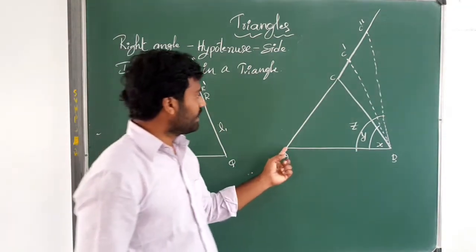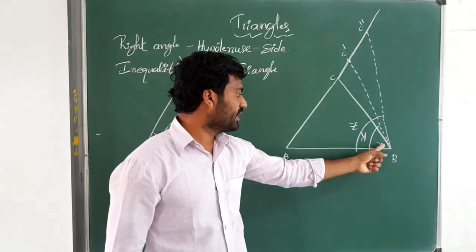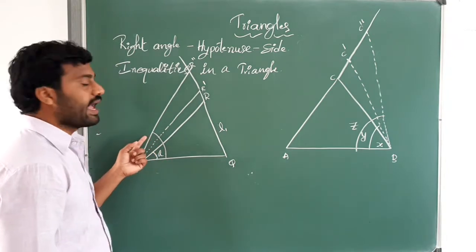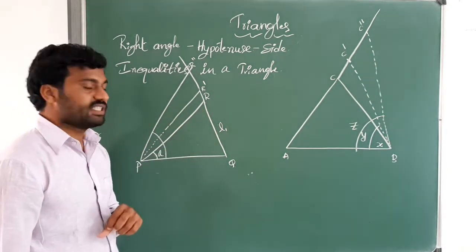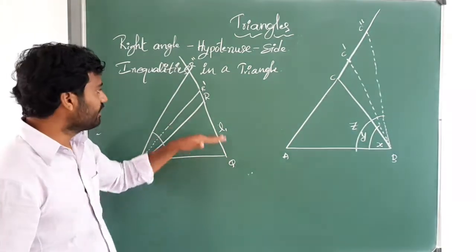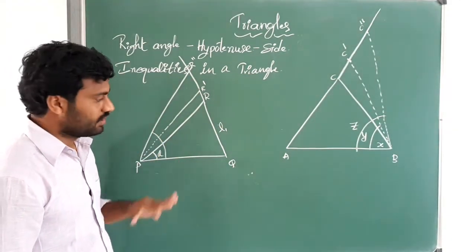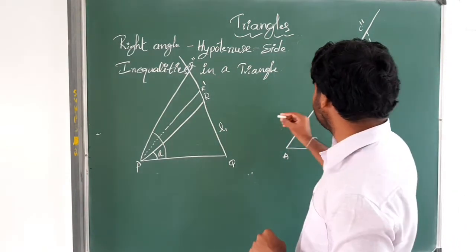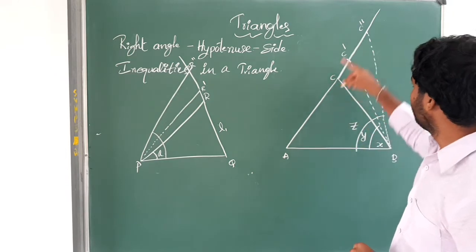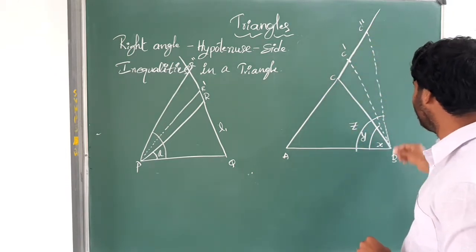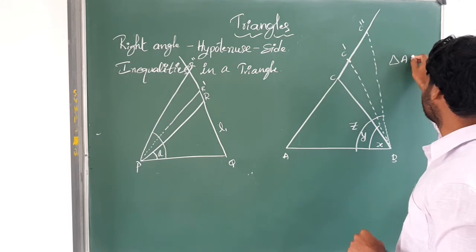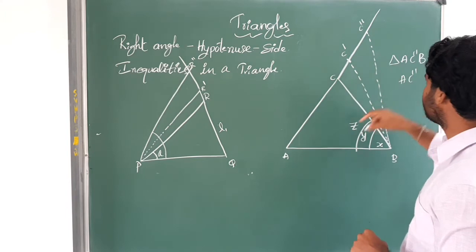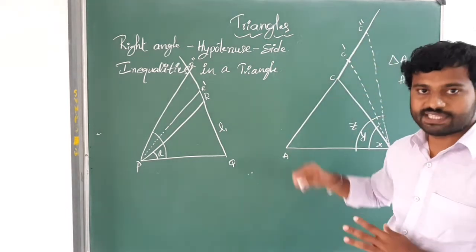So, if you are increasing the length, then automatically their opposite angle will increase. If you are increasing the angle, automatically their opposite side will increase. Correct or not? And one more thing, in any triangle, if it is the largest side, observe, in triangle A, C double dash, B, here AC double dash is the largest side.